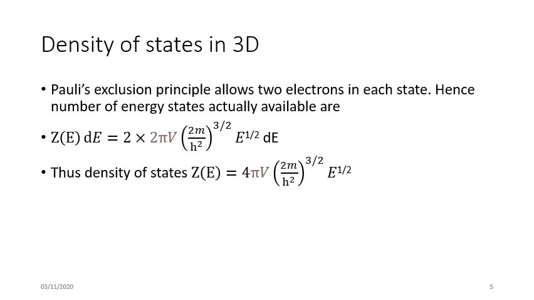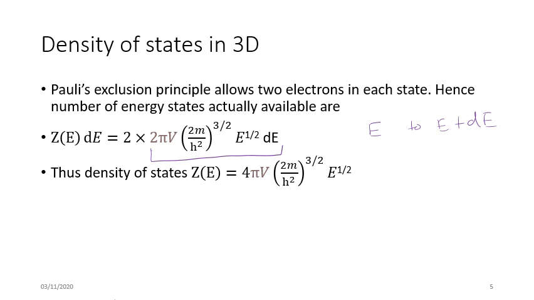Now density of states. In order to calculate the density of states, we have just calculated the number of energy states between E and E plus dE, that is Z(E). Pauli's exclusion principle allows us 2 electrons in each state, hence the number of energy states actually available are these, between energy E and E plus dE.